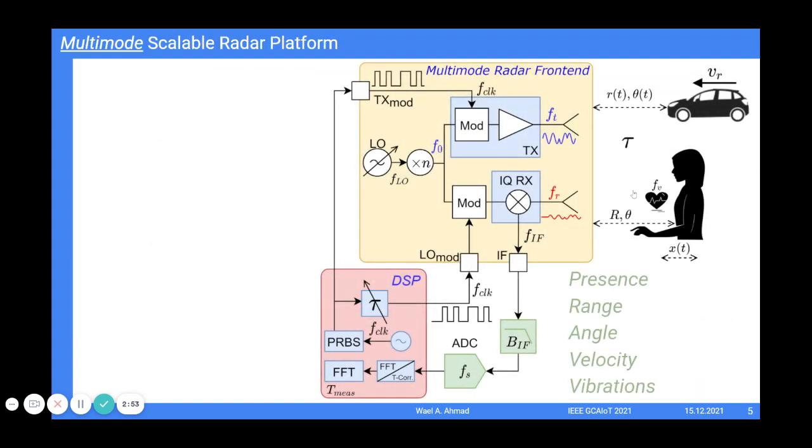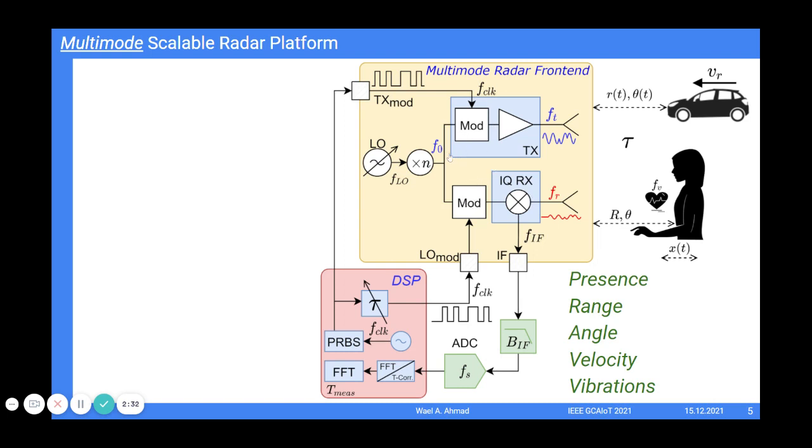In general, we are building multi-mode scalable radar sensors based on this multi-mode architecture, which is based on a single LO whose frequency is relaxed by a frequency multiplier. Then it's split between the TX path and RX path, both with modulators.